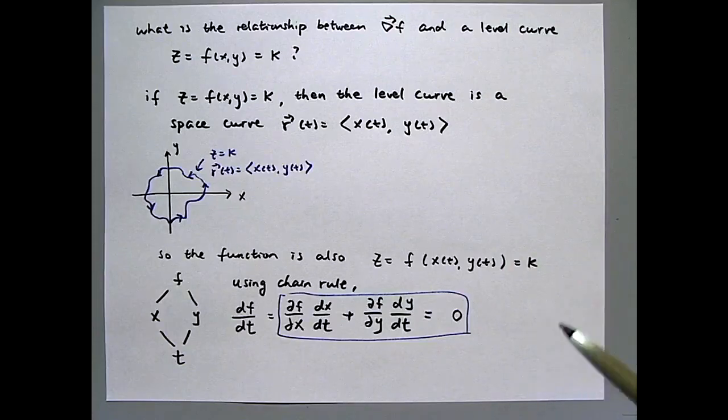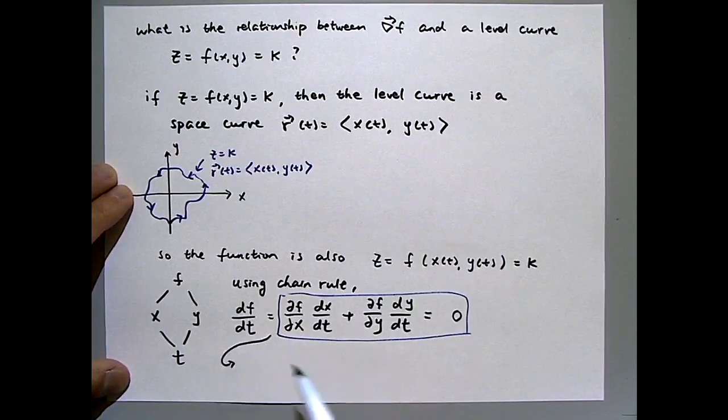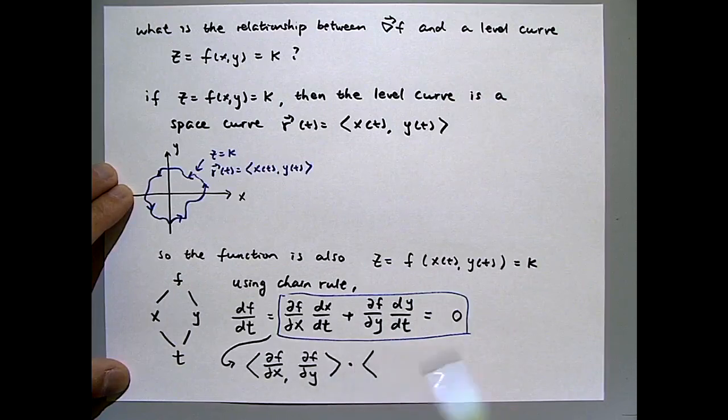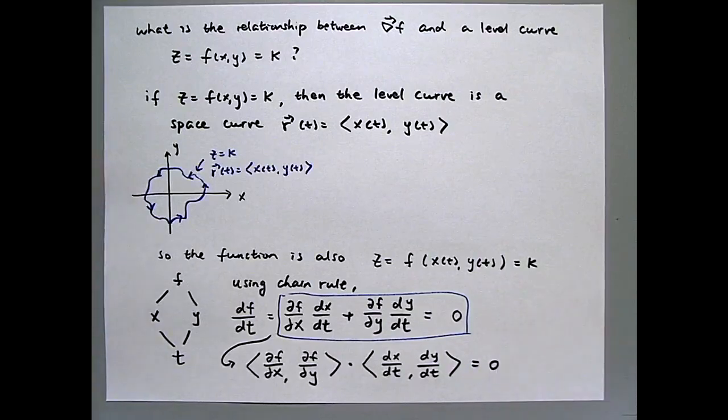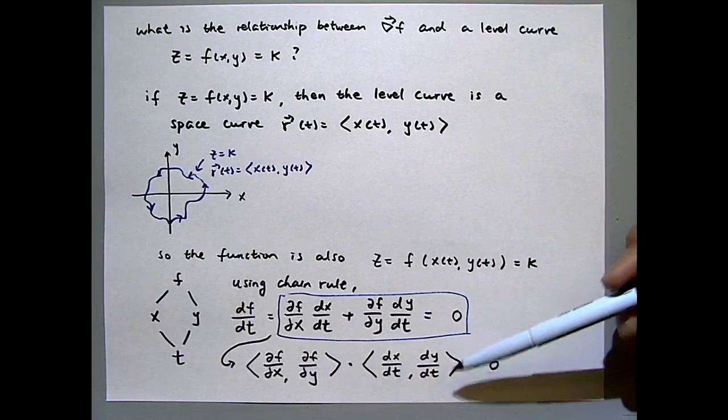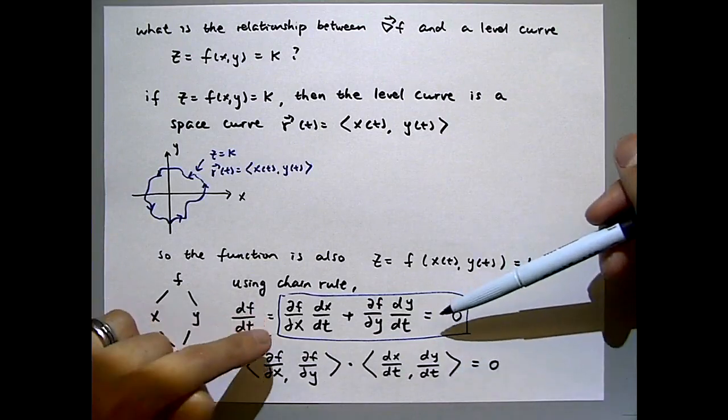Now check out this equation here. We got these two derivative terms added together equal to 0. If we rewrite this in vector form, it can be written as a dot product. If you take the dot product of that, you get this back.